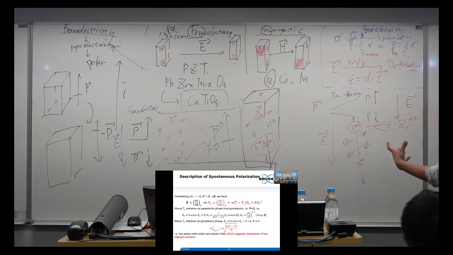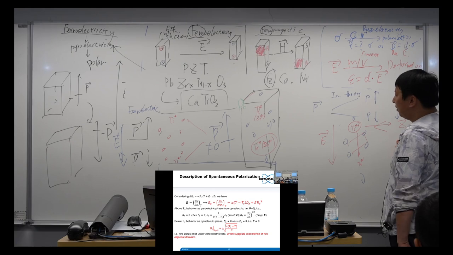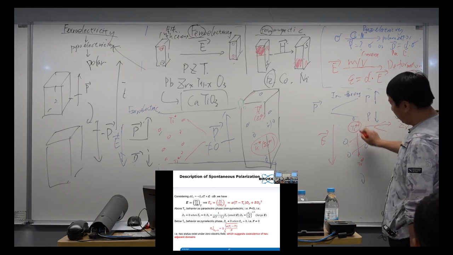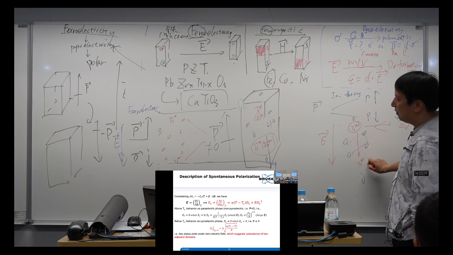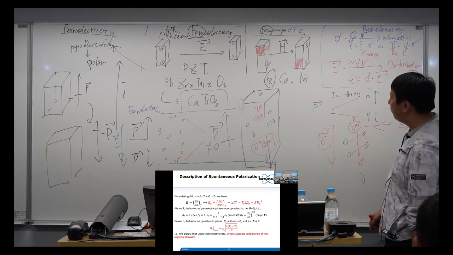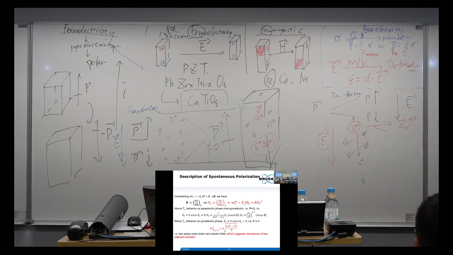If this atom is too large, it cannot squeeze in, right? So our theory can only tell us it can be on top, it can be beneath, but it cannot tell us if this electric field is strong enough to drag it down.